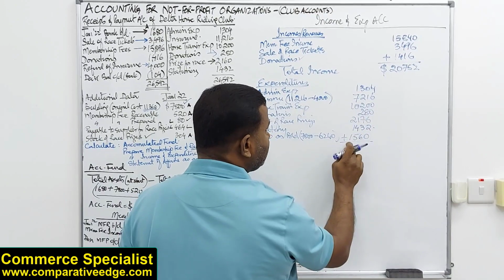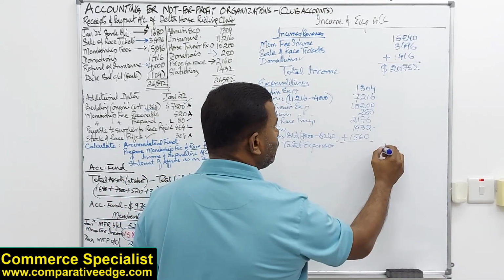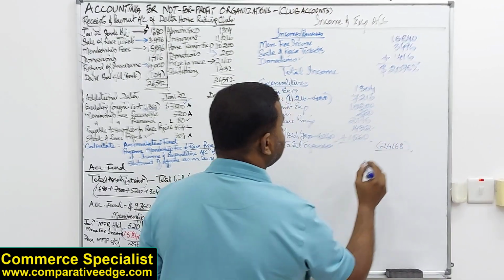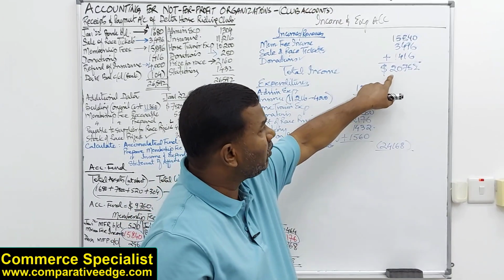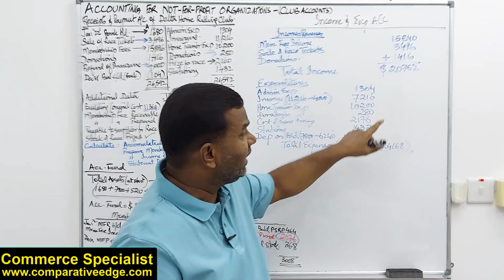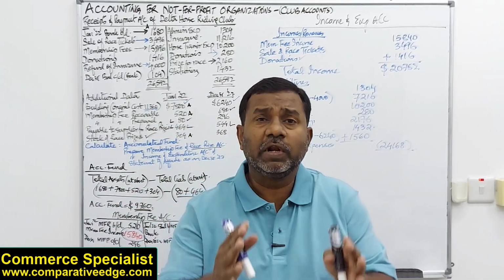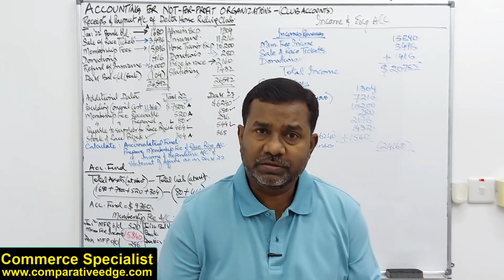Now please add all these. When we add all this, we get total expenses, which comes to 24,168. Now here I want you to pay attention. The total income of the club is 20,752, but the expenses are 24,000. Generally, if your income is less and expenses are more, we call it a loss.